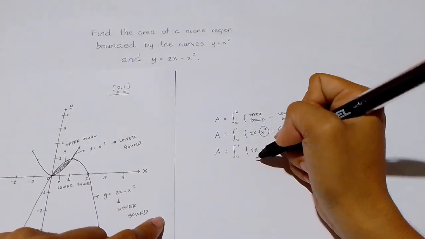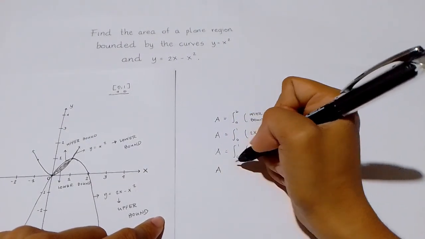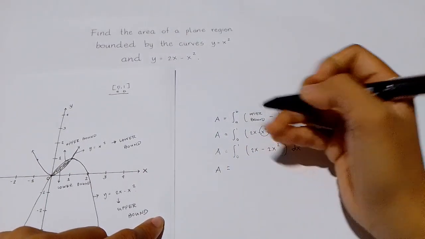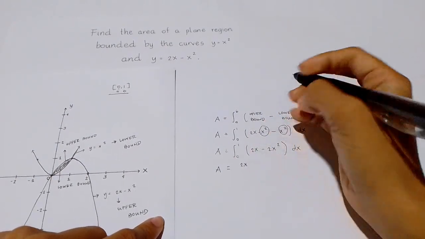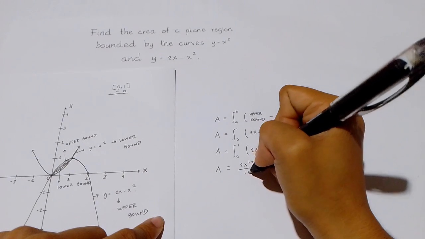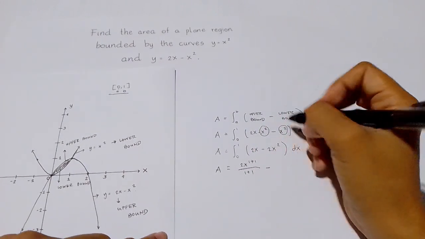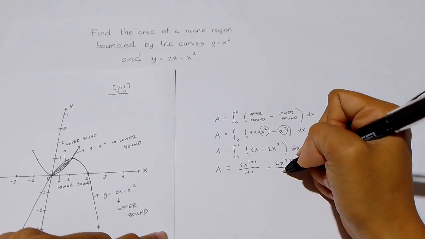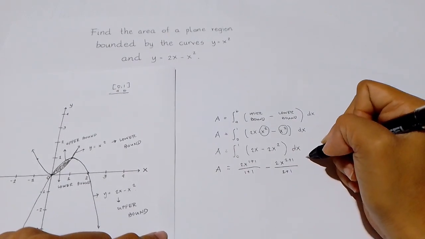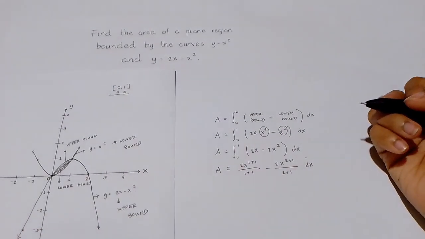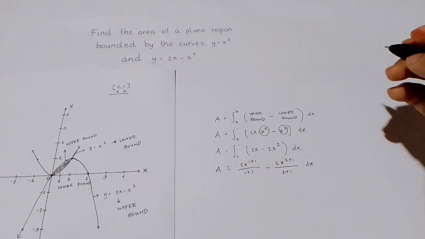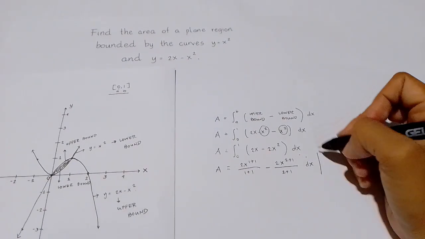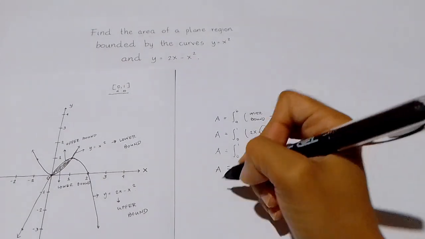Then now we can integrate this equation. So area is equal to the integration of 2x, which is 2x to the power of 1 plus 1 over 1 plus 1, minus the integration of 2x squared, which is 2x to the power of 2 plus 1 over 2 plus 1, evaluated from 0 to 1.